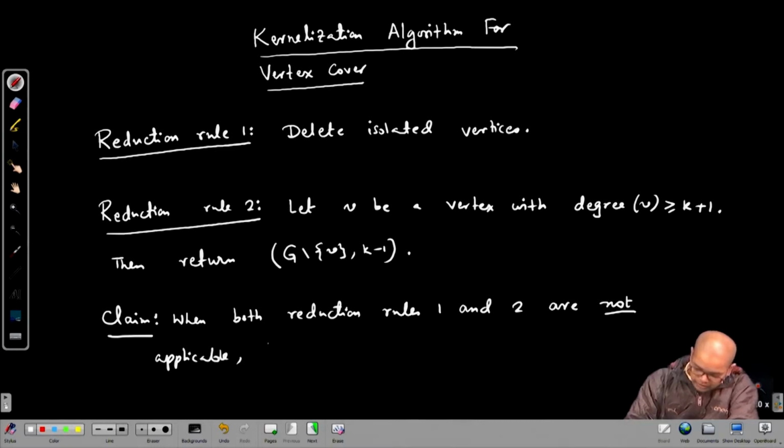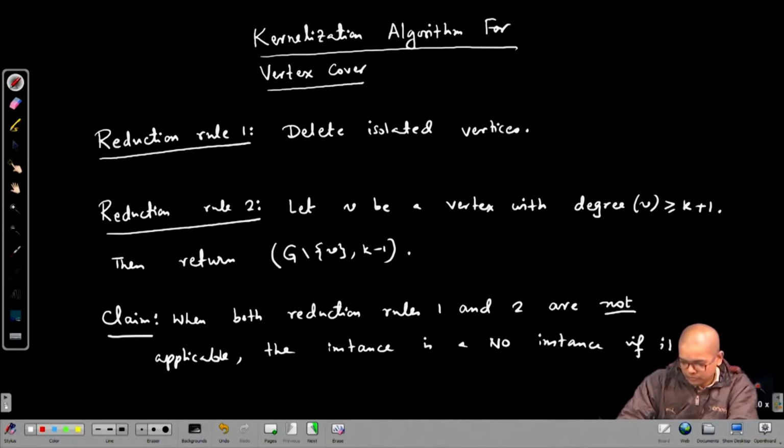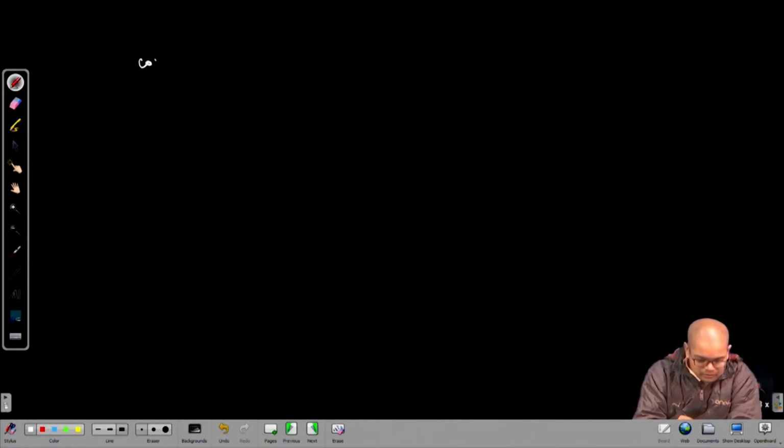the instance is a no instance if the graph contains more than k square edges.